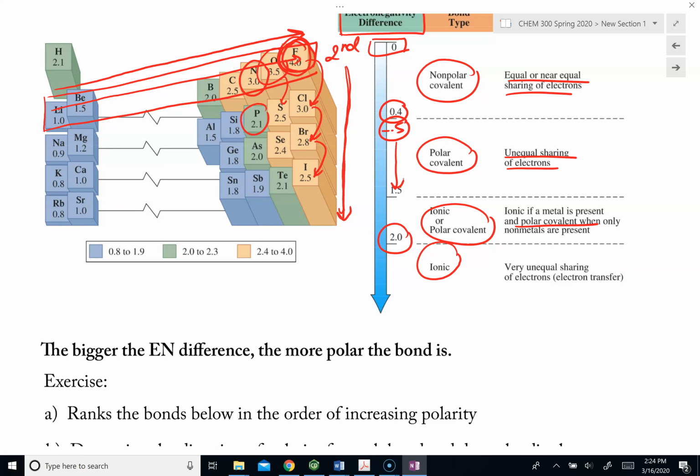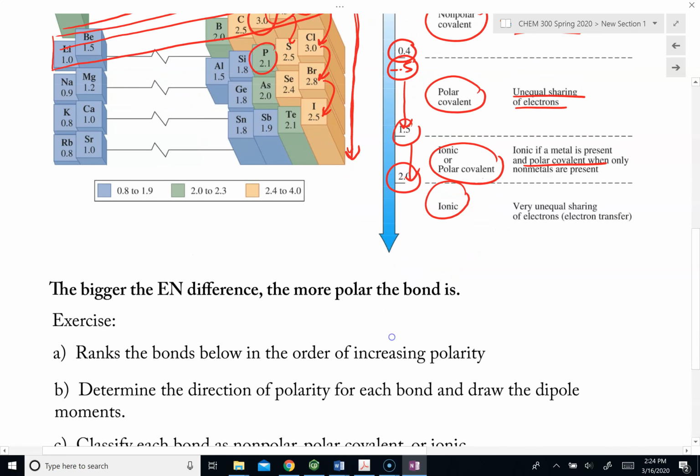And if we have differences in electronegativity of about 1.5 or up to 2 point something or higher, then for the most part, that bond would be considered an ionic bond or a very polar covalent bond. And in the end, the bigger the electronegativity difference, the more polar the bond would be.